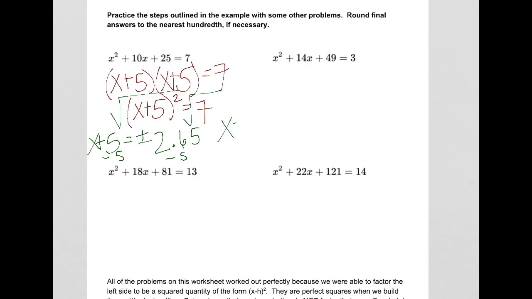So our final answers here, when we do positive 2.65 and we subtract 5, we're going to get negative 2.35. And this, again, we're just rounding to the nearest hundredth. It's kind of up to you, or I would give you that hint if I needed you to round differently. But then negative 2.65 minus 5 is going to be negative 7.65. So those would be our two answers here.